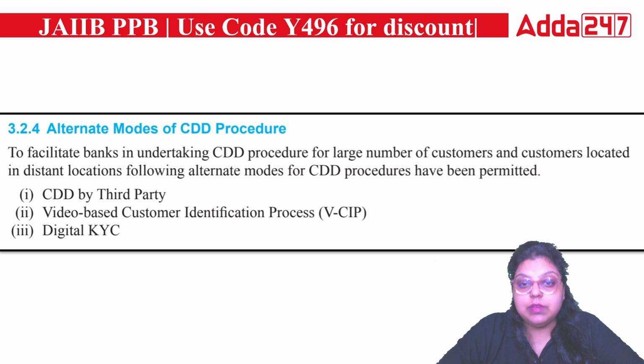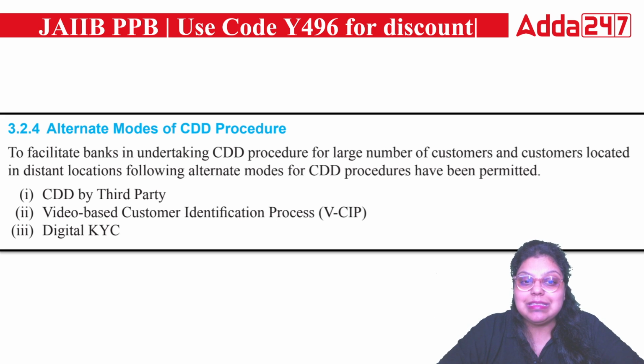Okay, now CDD is the customer due diligence, which actually identifies the customer from every aspect. So there are 3 particular ways by which the customer due diligence can be done. So for customer due diligence procedure for a large number of customers and customers located in different locations, the following are the alternate modes for the CDD. The first is CDD by third party, where a third party will be performing the customer due diligence on behalf of a bank.